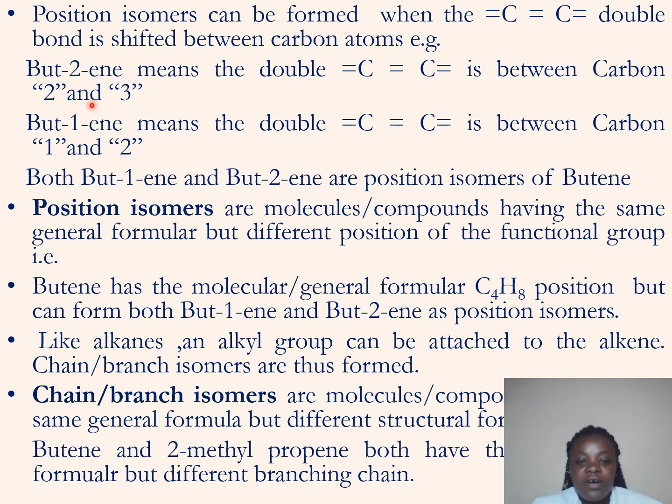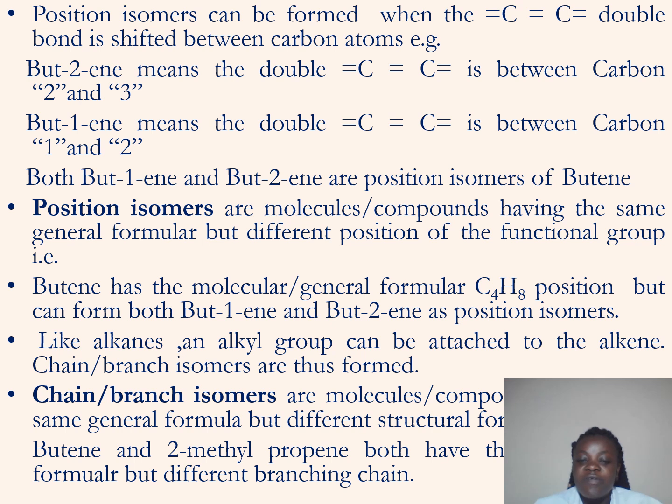So like also for the alkanes, an alkyl group can be attached to the alkenes. So when we attach an alkyl group, that is a methyl, an ethyl, a propyl, so these are the alkyl groups. When they are attached to an alkene, they form what we call chain or branch isomers.